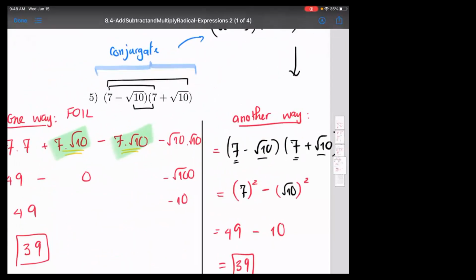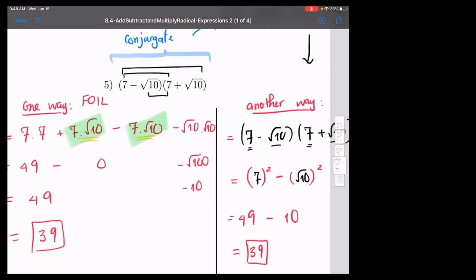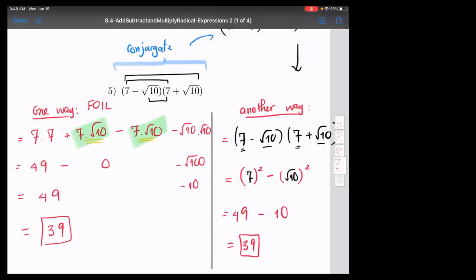If you have 7 plus root 10, you have two conjugates multiplying with each other. There are two ways you can do it. One way is you can FOIL, which is the longer way. The middle terms will cancel, and at the end the answer is an integer, no more roots.